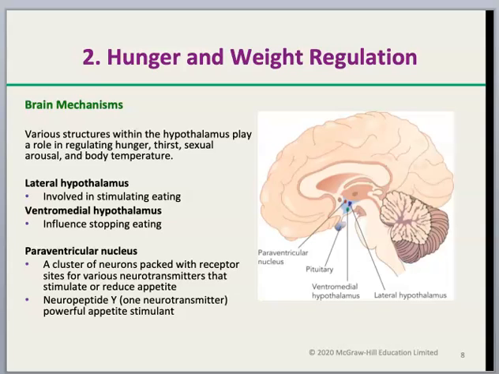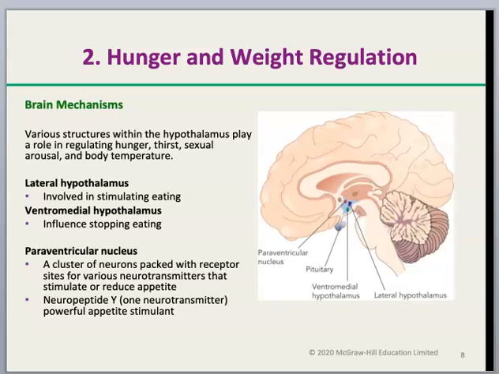Brain mechanisms. Many different parts of the brain are involved with the regulation of food intake. If you were to try to focus in on one particular area that was maybe the control center, it's often thought of as the hypothalamus.